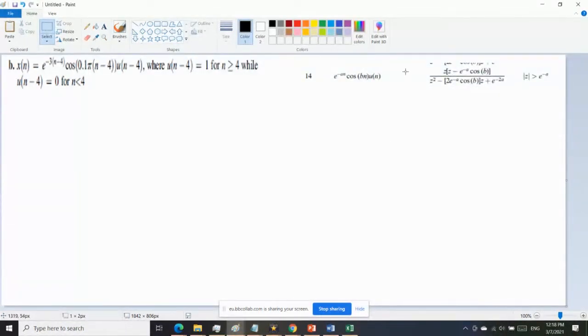The problem here is that it's not simply n. We don't have n, we have a shift. See, n minus 4, n minus 4, n minus 4. There is a shift. So if we let k be equal to n minus 4, then all of this changes. That means n equals k plus 4.